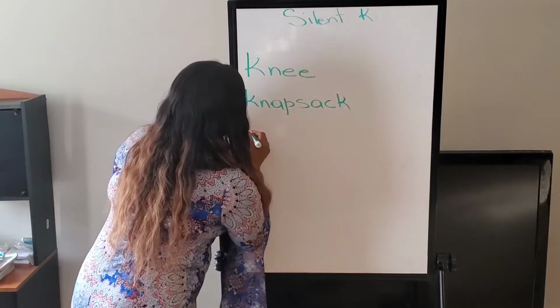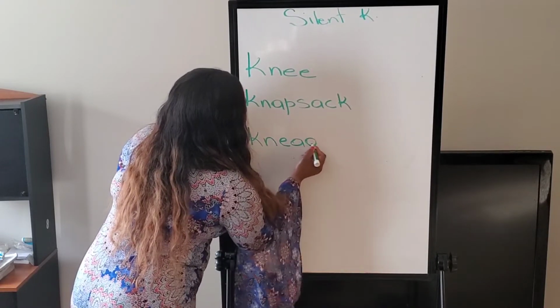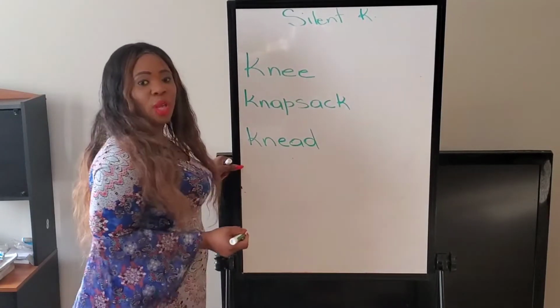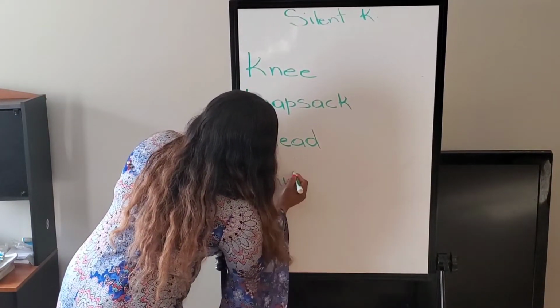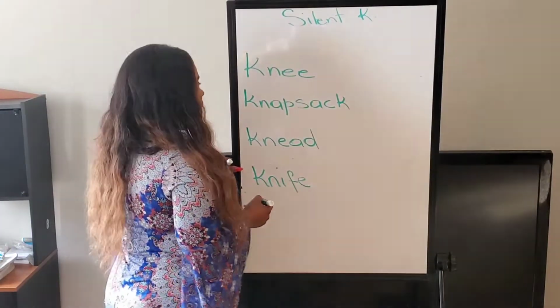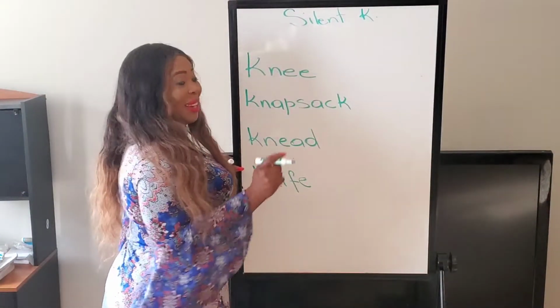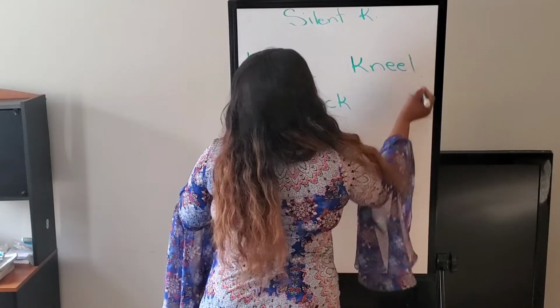Then we have need. We also have knife. Beautiful. You are thinking. So there's knife. And then one more, right? Kneel. Beautiful.